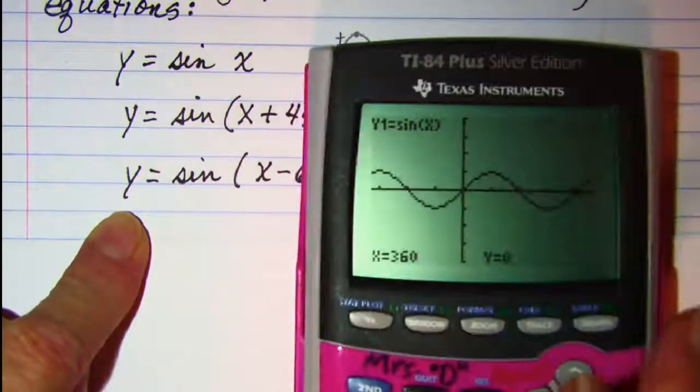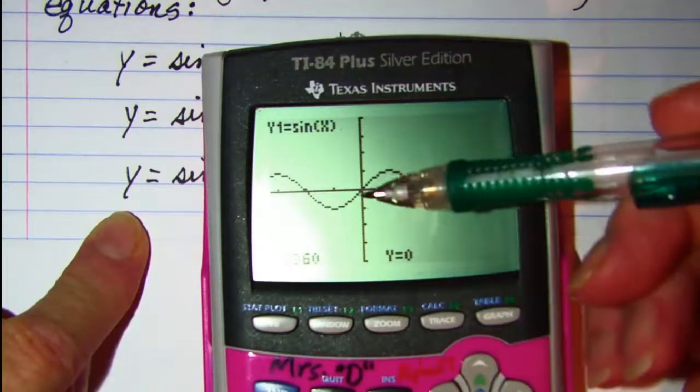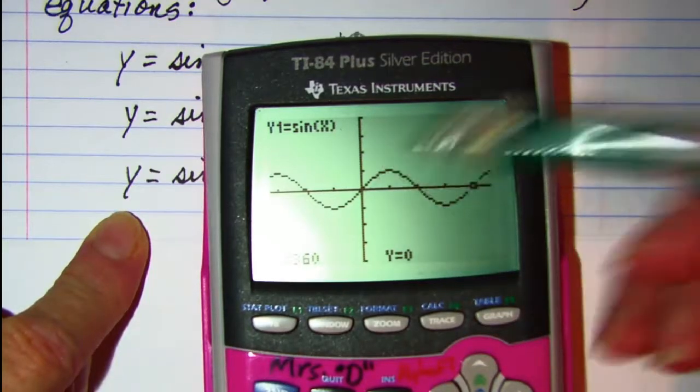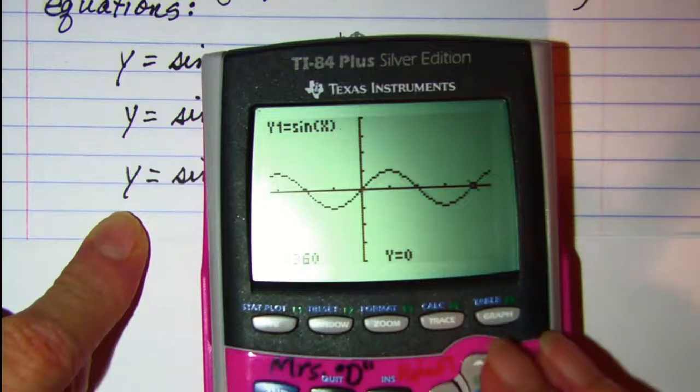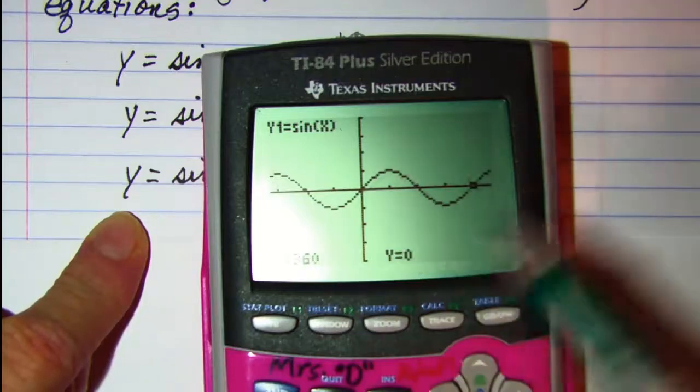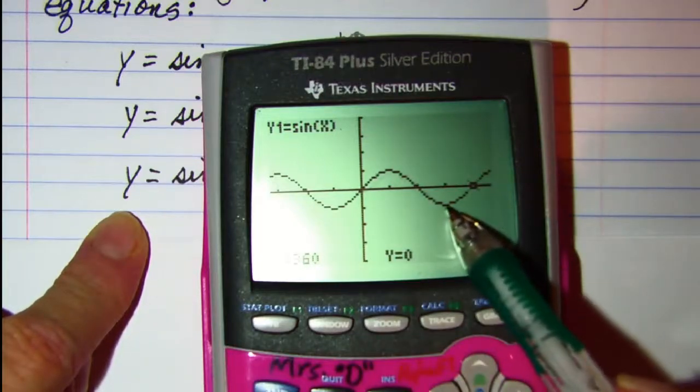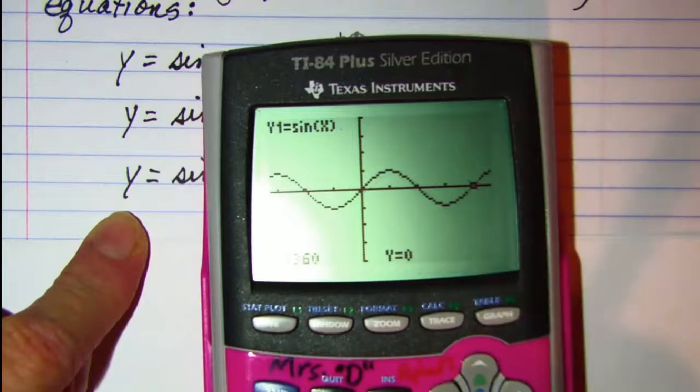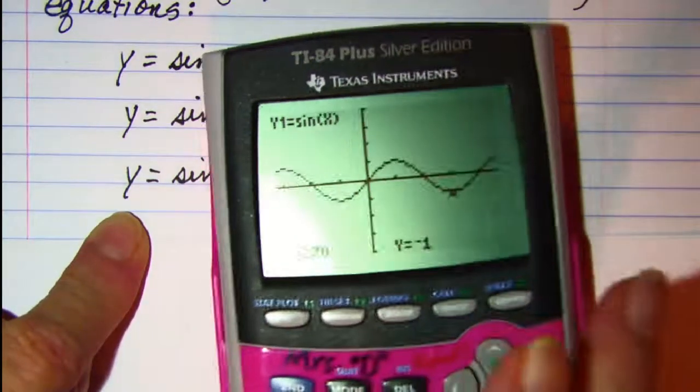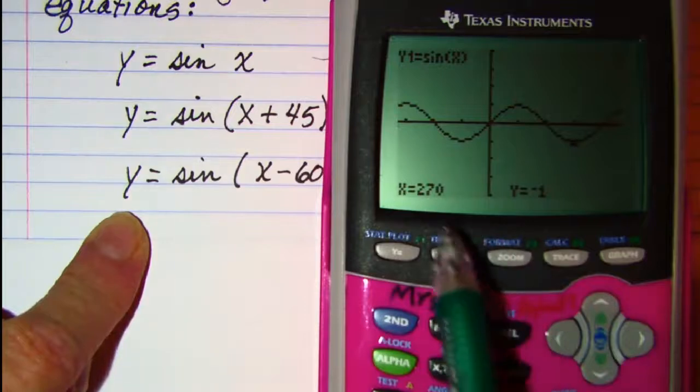Also, I want you to notice that the amplitude is 1. If we traced and brought this back to this minimum point right here, it would be at -1, and the angle is 270.